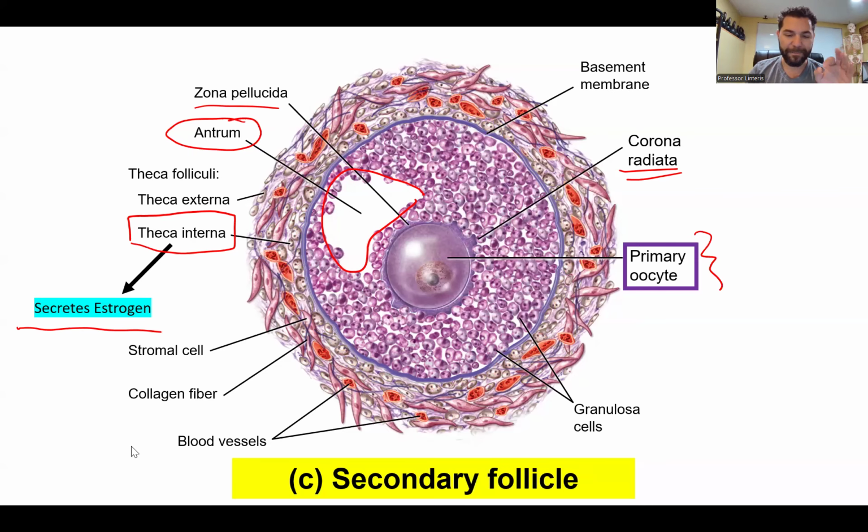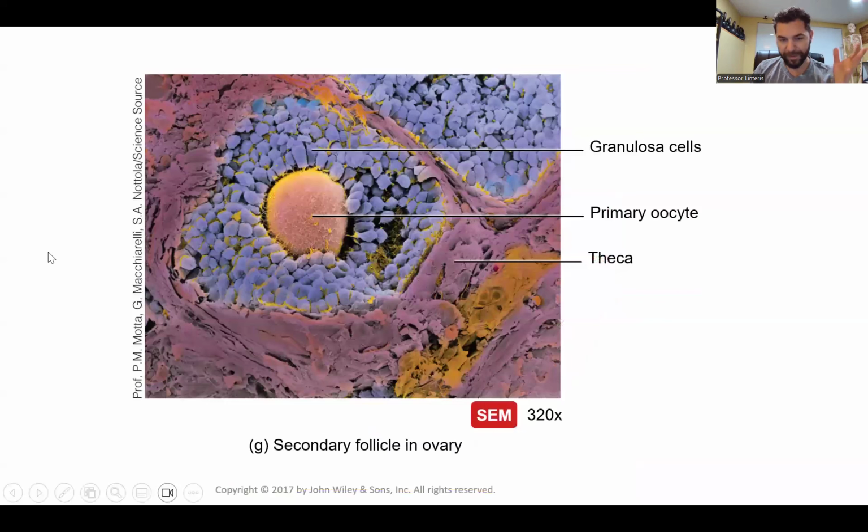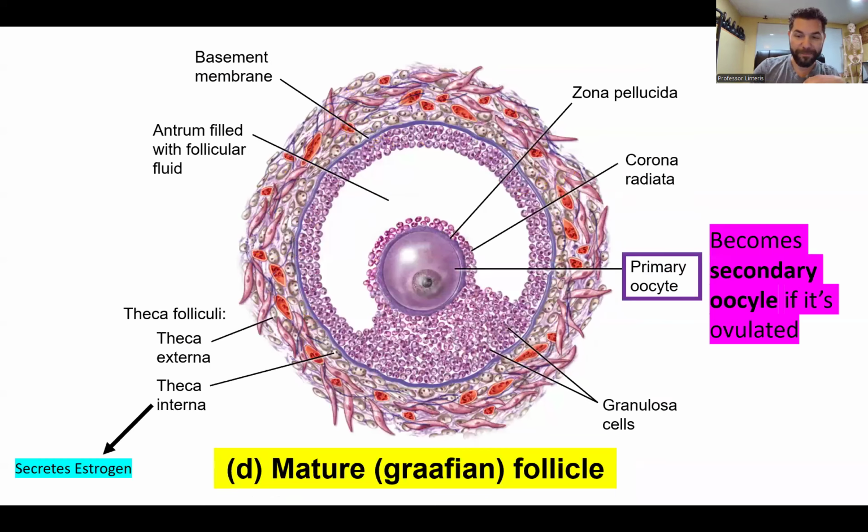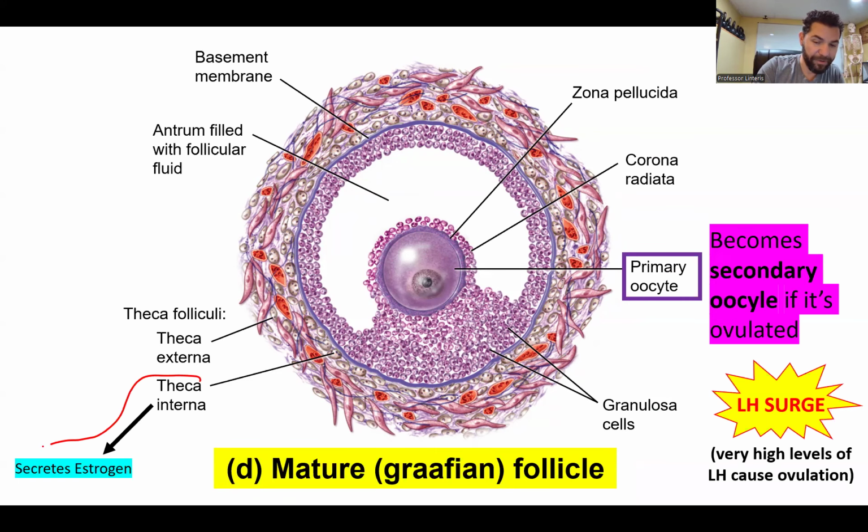Now, what we're going to see is as we move from the secondary follicle, this is just showing you a picture of one, to the mature or Graafian follicle, we still have those cells producing estrogen, right?